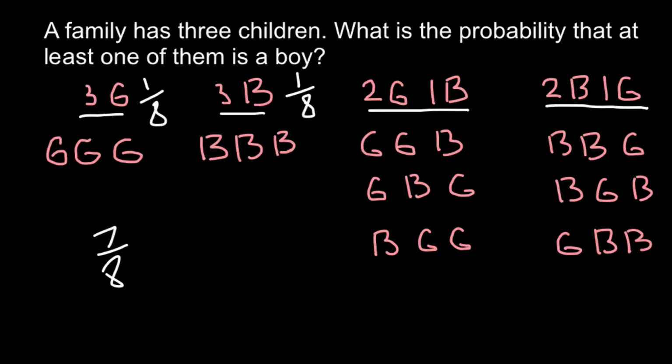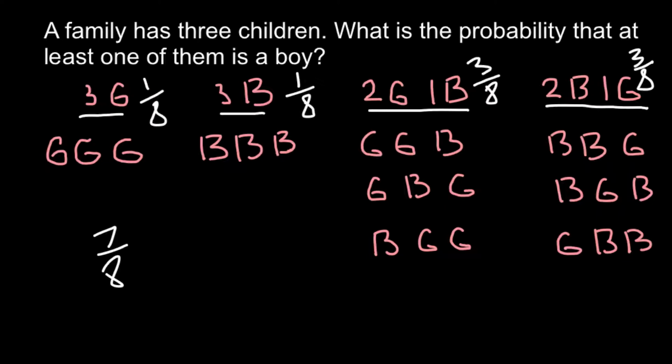This variant happens with frequency of 3/8. And this variant also happens with frequency 3/8. So these frequencies are not equal. So the correct answer would be the probability that 7 out of 8 possible variants would be a family with at least 1 boy.